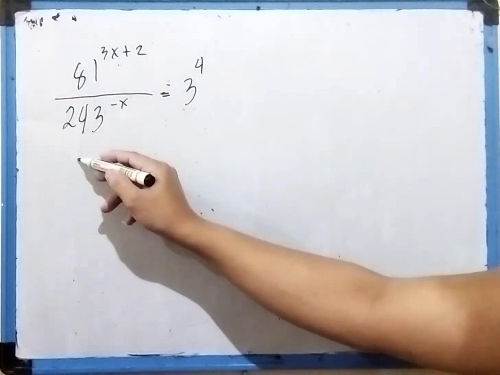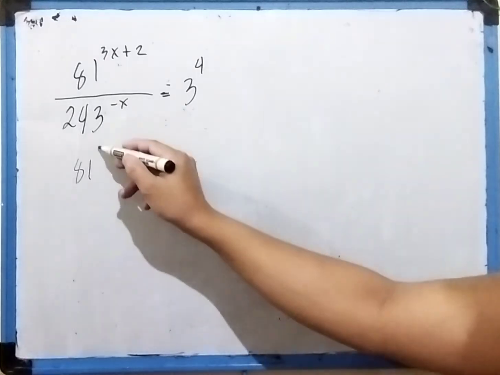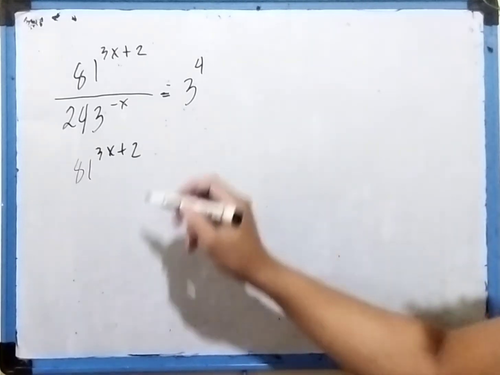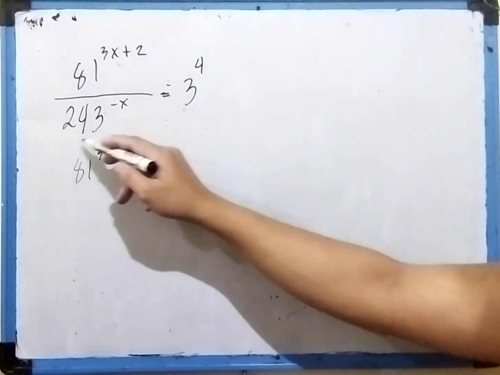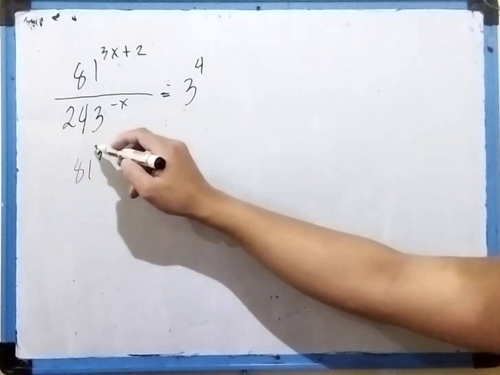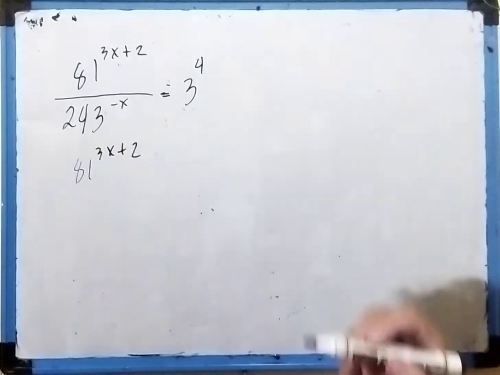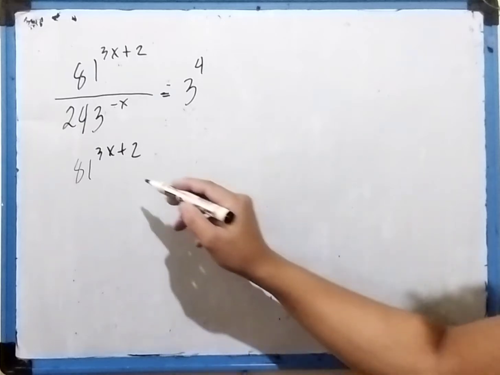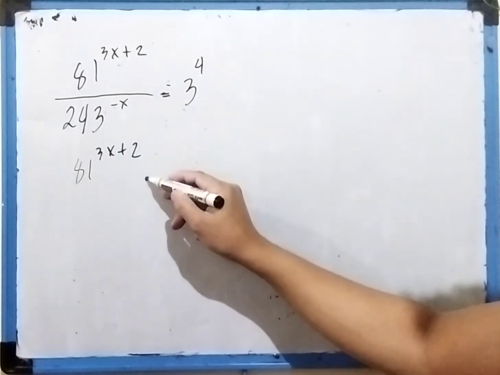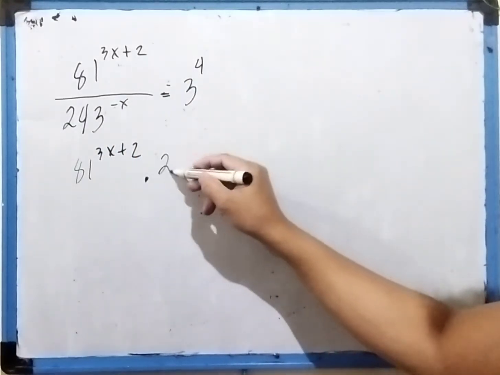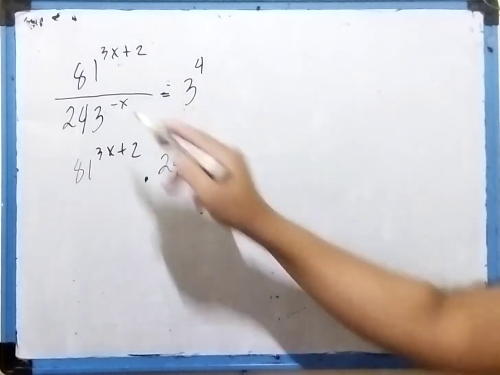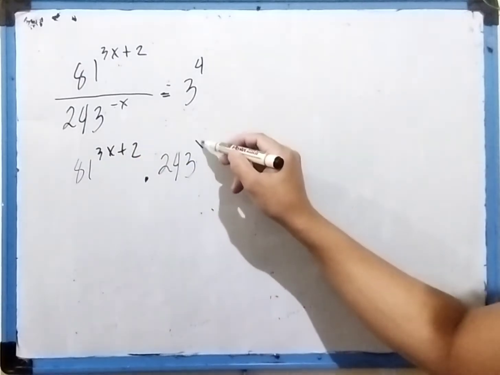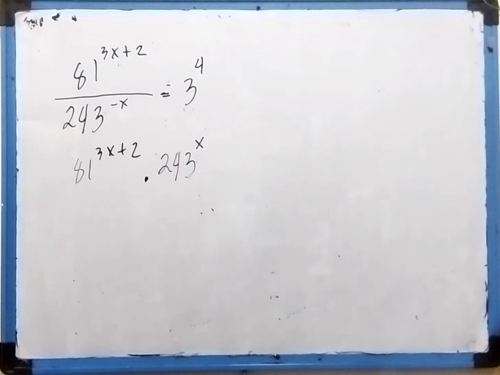So, copyahin lang muna natin yun. You have 81 here, then 3x plus 2. Since this is considered a term, 243 raised to negative x, pag inangat natin siya, guys, take note, multiplication pa rin ito. So, we have here 243. Instead of negative x, this becomes positive x. Okay?